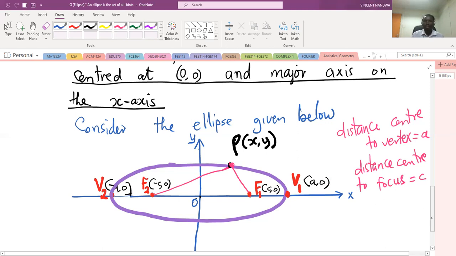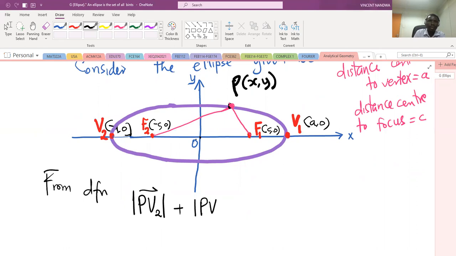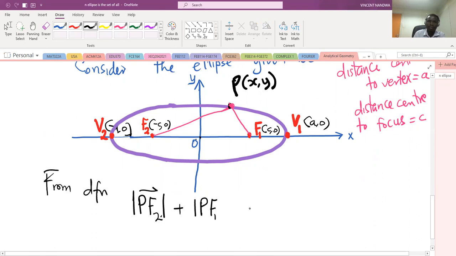And then from the definition, the distance from P to F2, added to the distance from P to F1, should give us a constant.